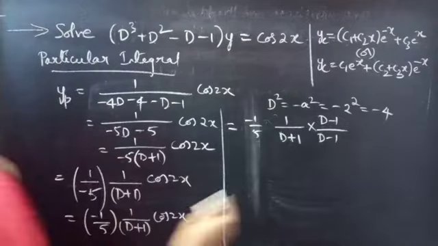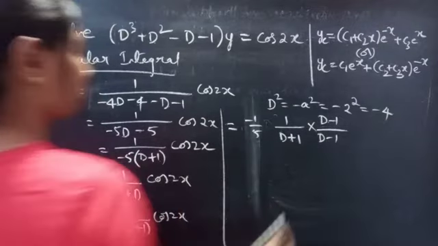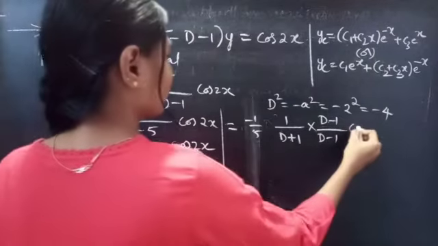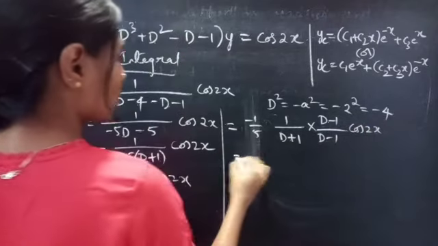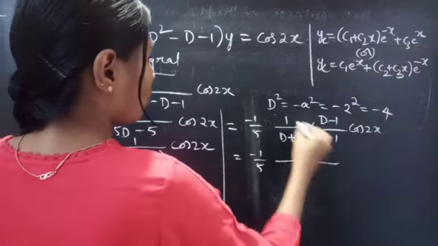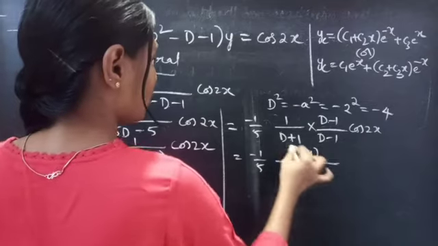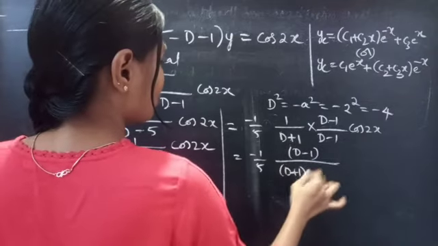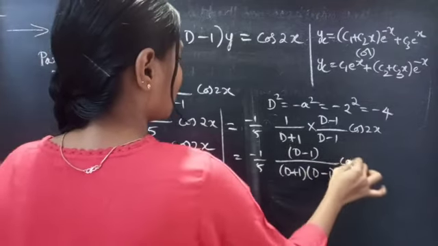Okay, we'll just multiply and divide by D minus 1 into cos 2x, equals minus 1 by 5 into 1 into (D minus 1) by (D plus 1) into (D minus 1) into cos 2x.